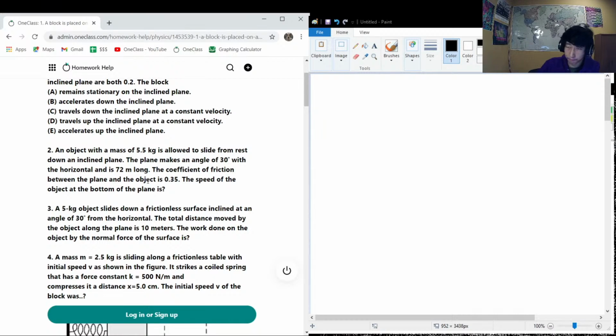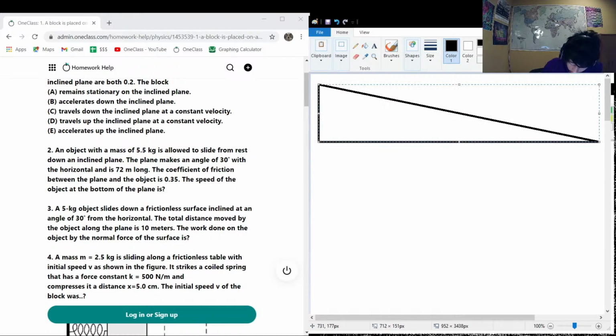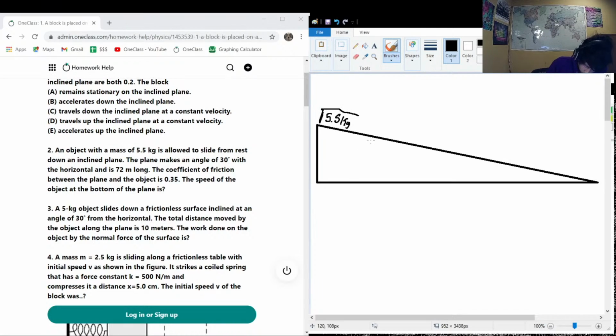Okay, so let's actually draw out this situation right here. So we've got a big long triangle like this, and we've got a block at the top that looks like this. And they said it was 5.5 kilograms. We know that the length of the entire ramp is 72 meters.